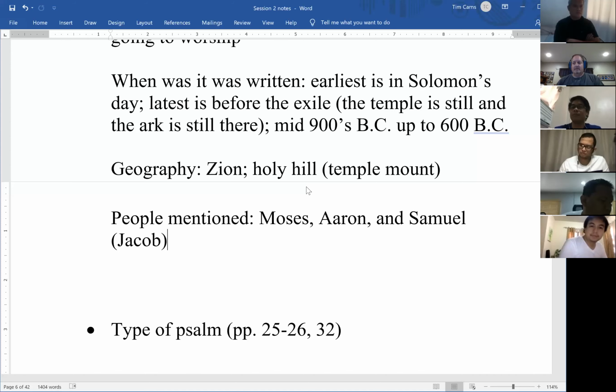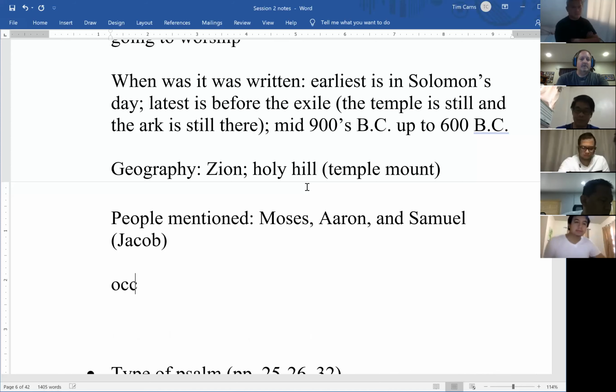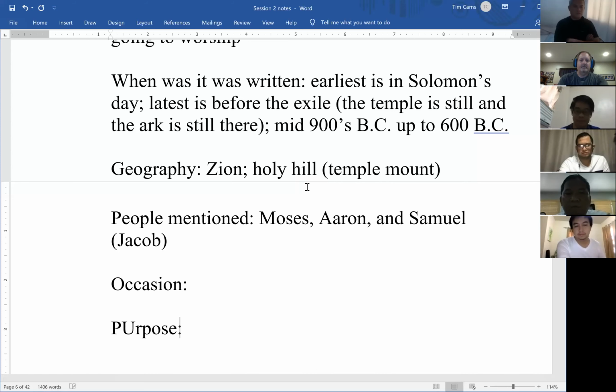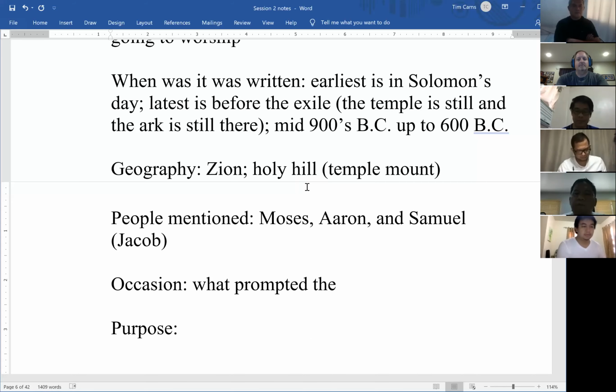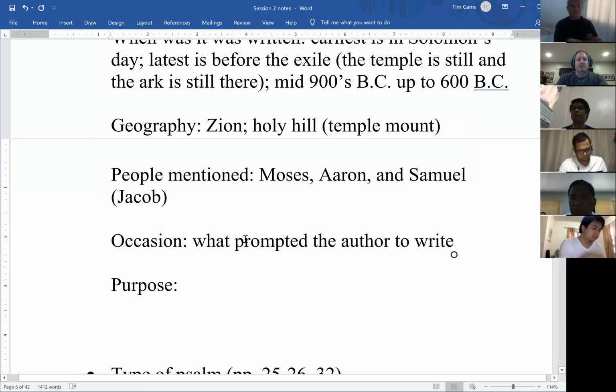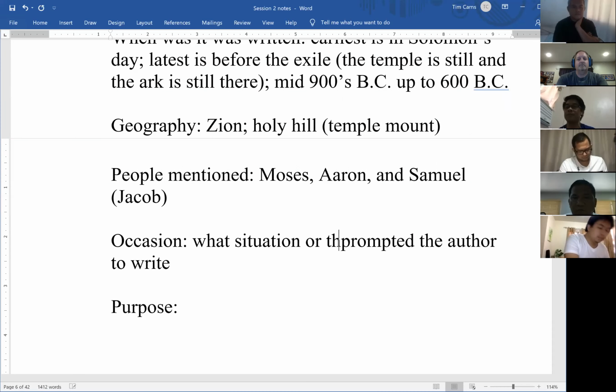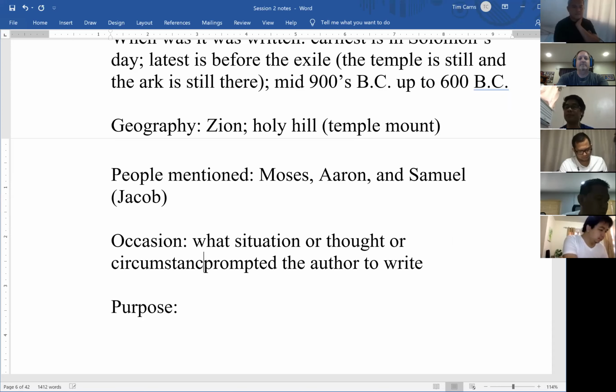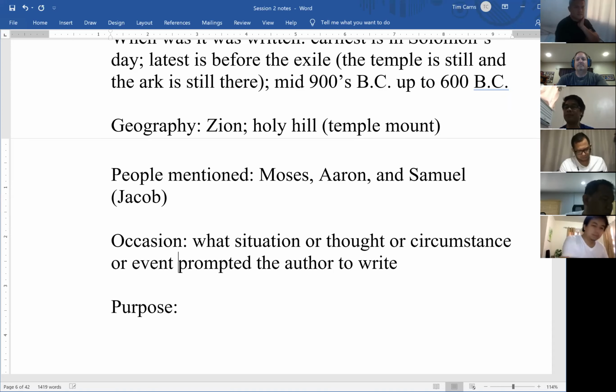Okay, and then the occasion. Let me remind you of the difference between the occasion and the purpose. The occasion is what prompted the author to write: what situation, thought, circumstance, or event prompted him to write.